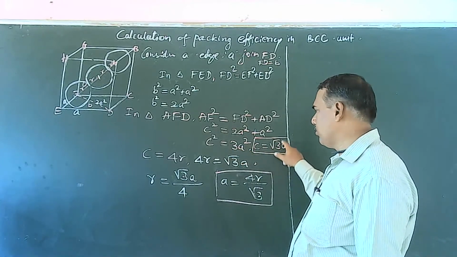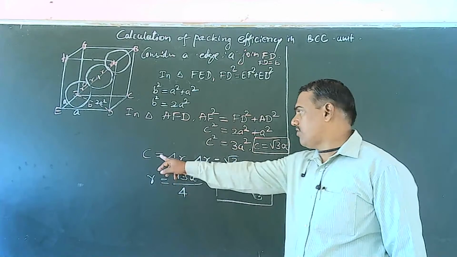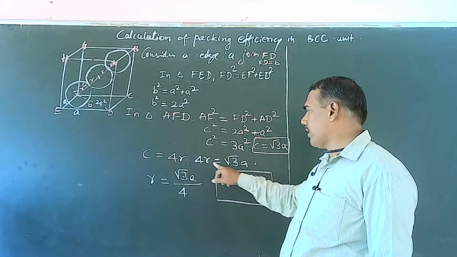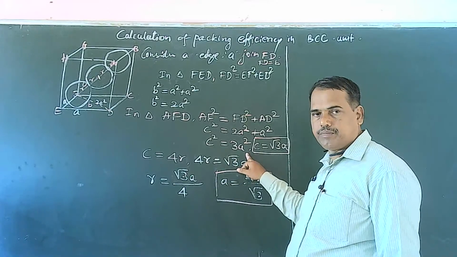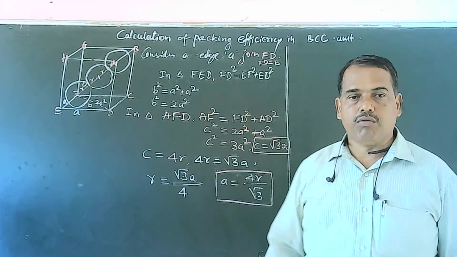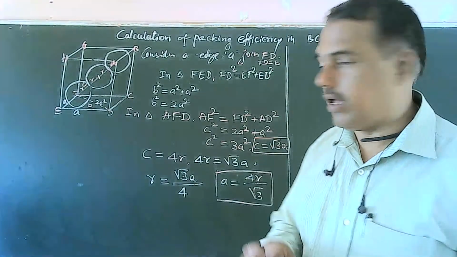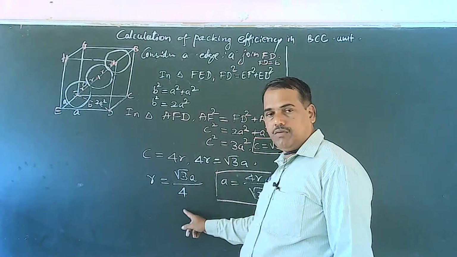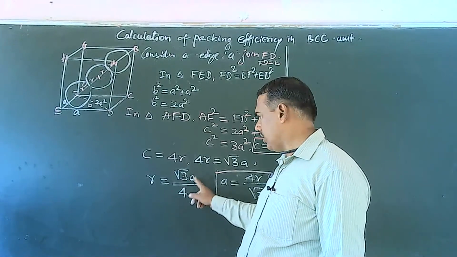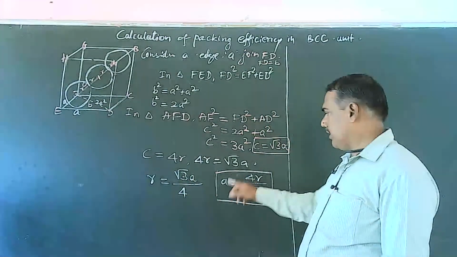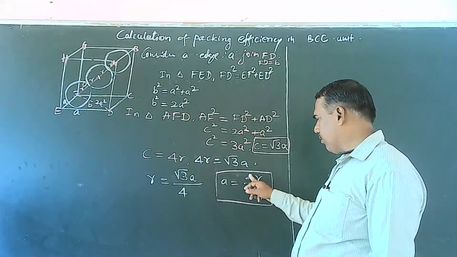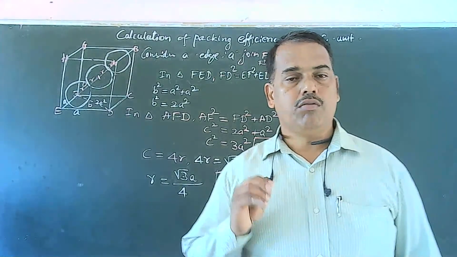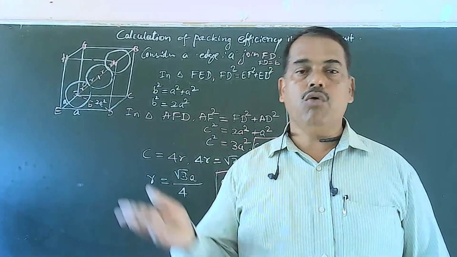So therefore C is equal to root 3A. C is equal to 4R, and 4R is equal to root 3A. Then R is equal to root 3A by 4. And A is equal to 4R by root 3.